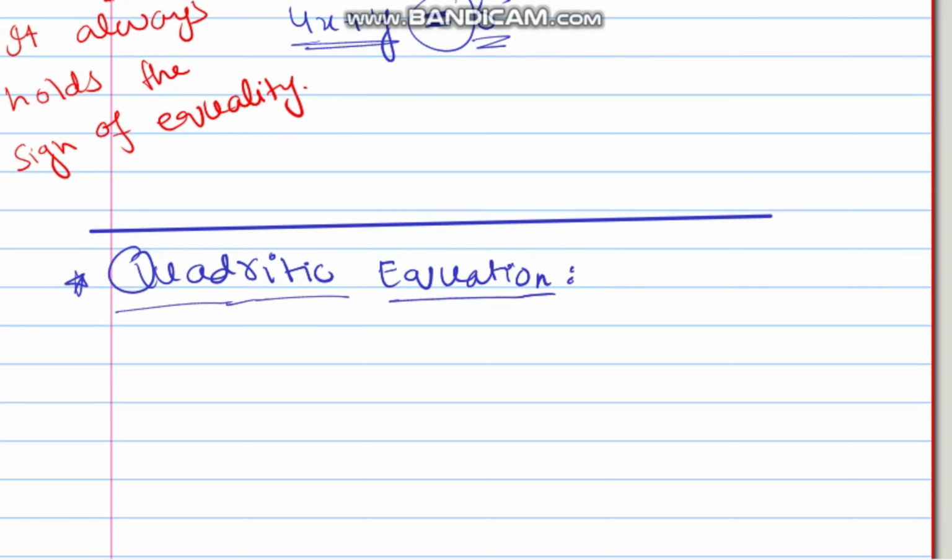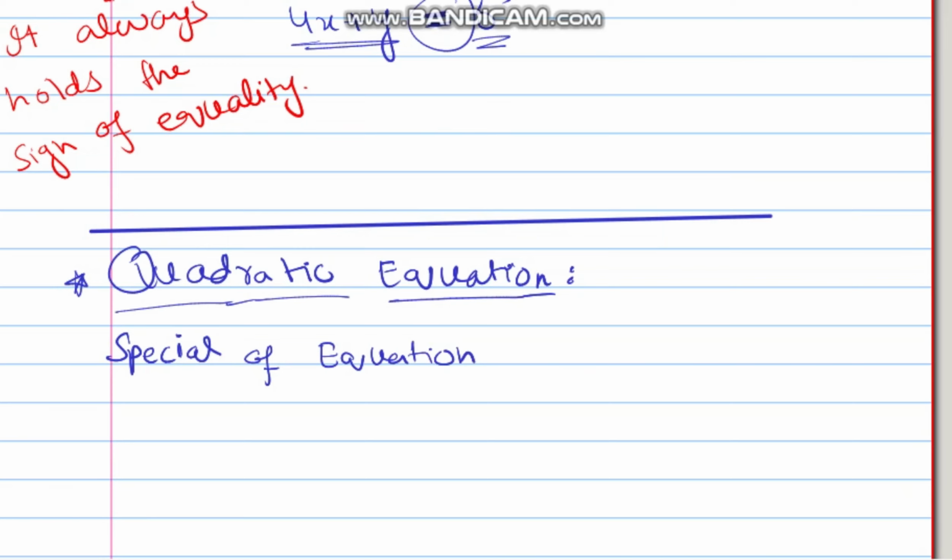Okay, so here is an a in place of an i. A quadratic equation is a special type of equation. These are basically special types of equations.